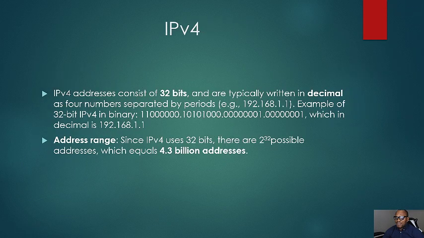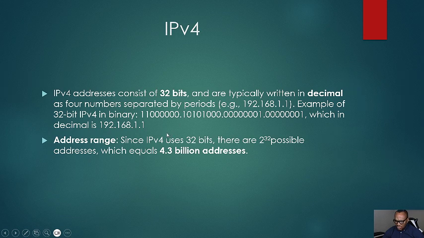An IPv4 address consists of 32 bits and is typically written in dotted decimal format, as 4 numbers separated by periods, like we can see in this place. You can see 192.168.1.1, and this is the binary representation of that. 192 is the first one, 168 is the second one, this is 1, and this is the last one.